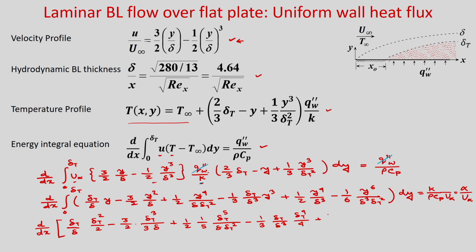Then you will get 1/2, y to the power 5 by 5, so delta_t to the power 5 by 5 delta cubed, minus 1/6. It will be y to the power 7 by 7, so 1/7 delta_t to the power 7 by delta cubed delta_t squared. So, we have put the limits and it is equal to alpha by u infinity.